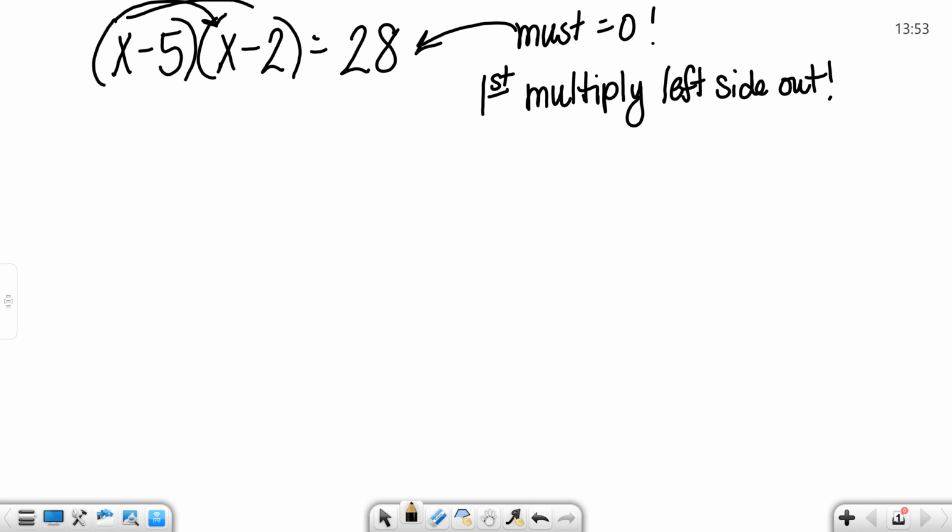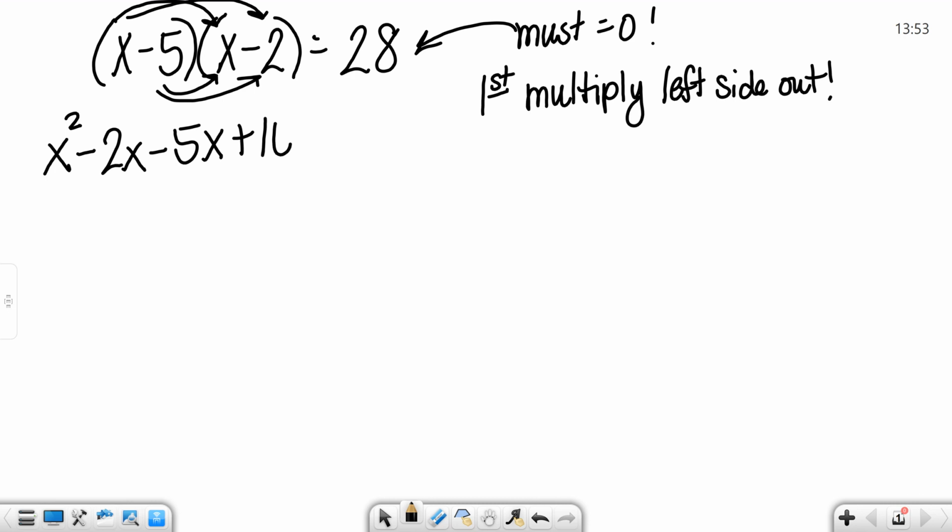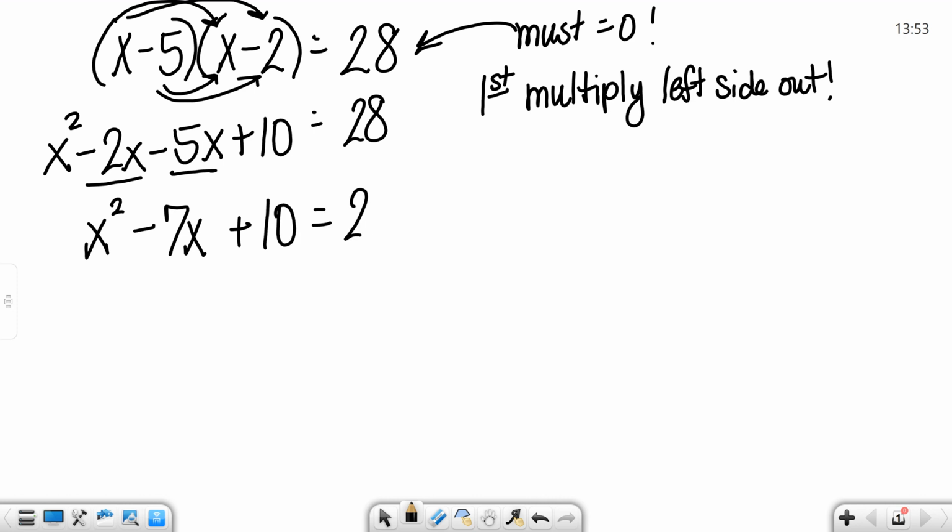So distribute. Okay, so I get x squared minus 2x minus 5x plus 10. Still have this 28, haven't done anything with that. Now combine these two like terms in the middle. So x squared minus 7x plus 10 equals 28.